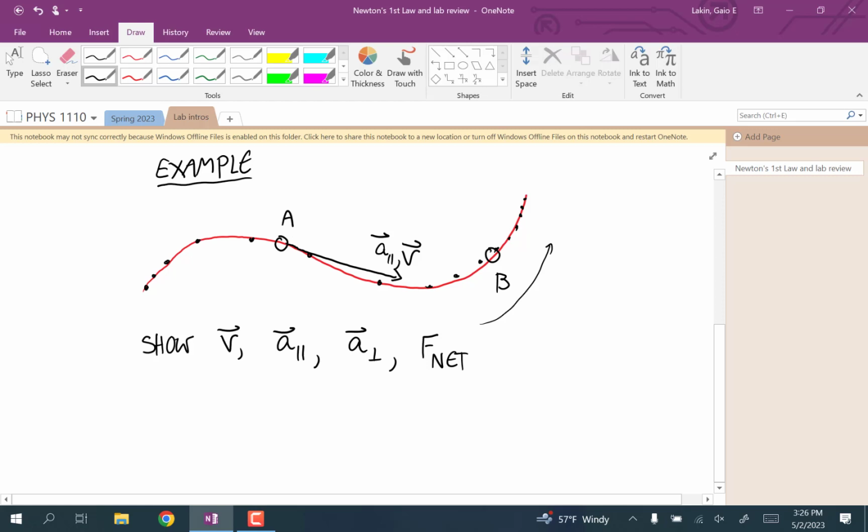You can see that from this point A, the path is going in this direction from the velocity vector. So we know that the perpendicular part of the acceleration is this way. And so the total acceleration has to fall somewhere between these two parts of the acceleration.